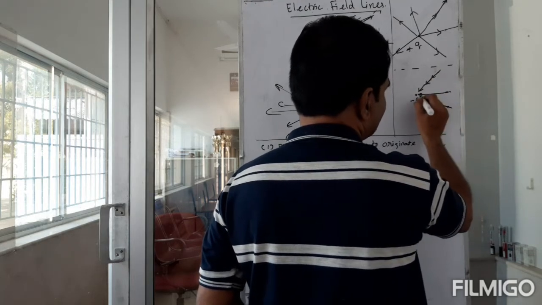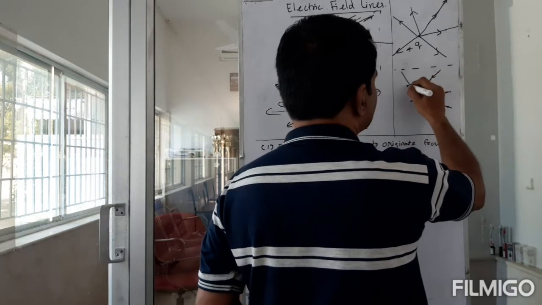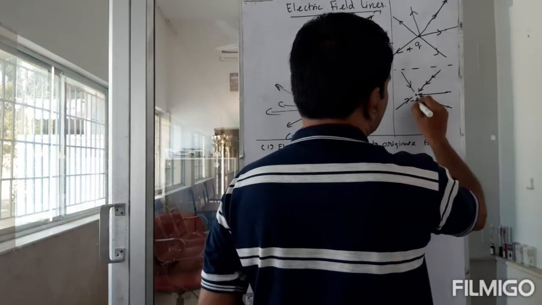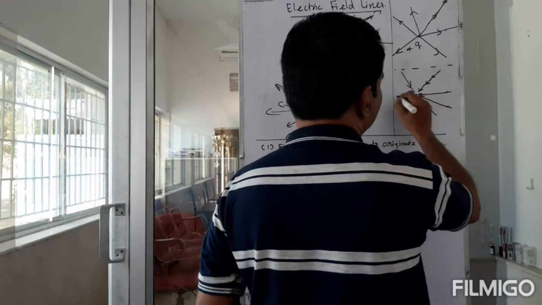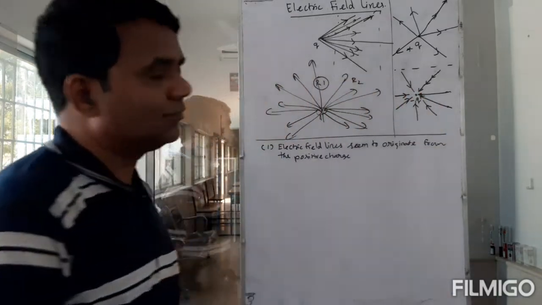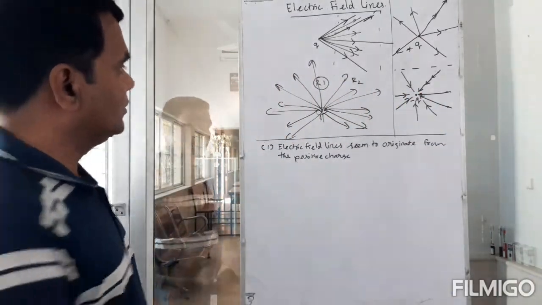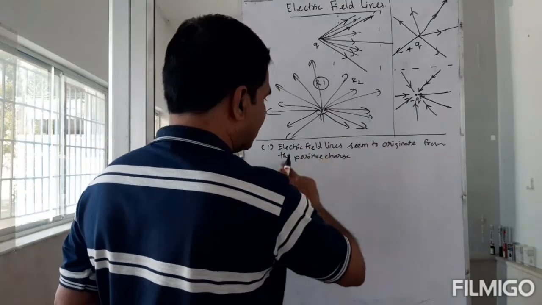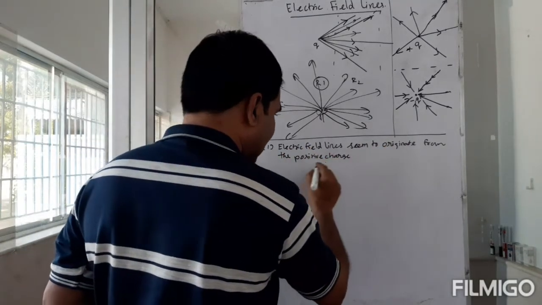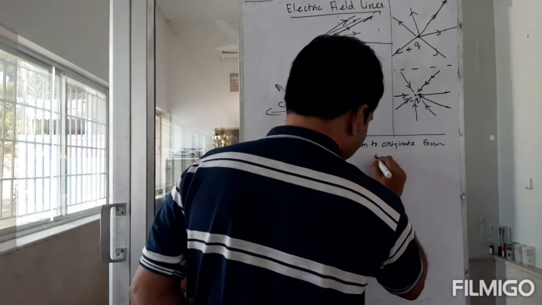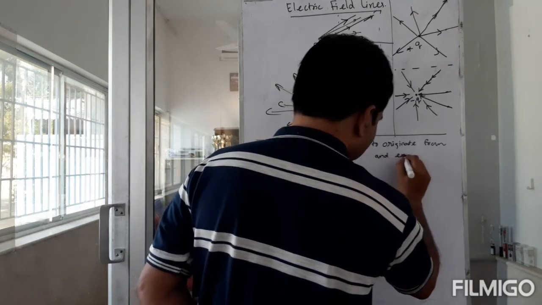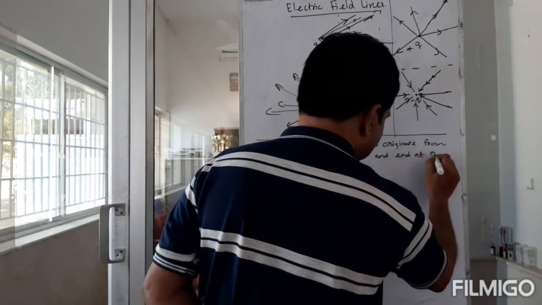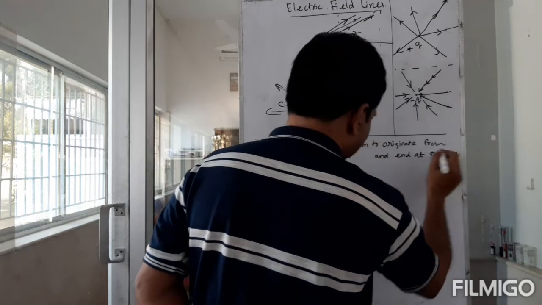If you keep it here, you get attracted like this. You see, all the lines seem to end at the negative charge. So electric field lines seem to originate from the positive charge and end at the negative charge.